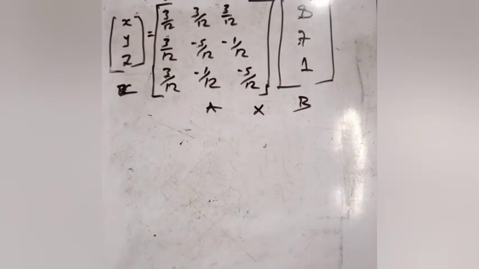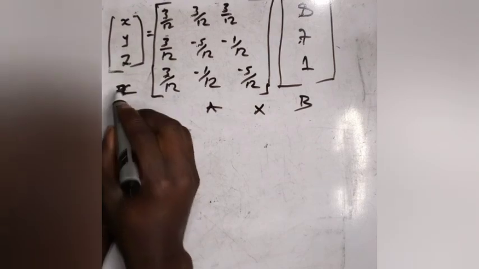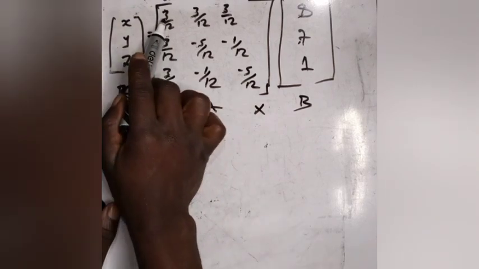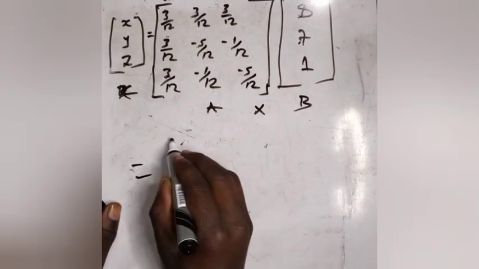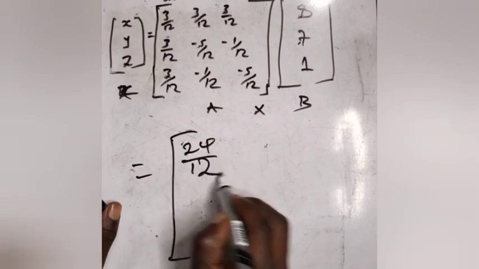So now let's multiply A inverse by B, and this gives x. Then it will be 3 times 8, which is 24 over 12.